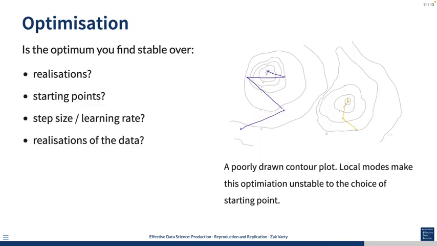The second sticking point that often causes challenges when making reproducible and replicable data science projects is optimization. If an optimization routine is used for parameter estimation, then we have to ensure that the results that they find for a particular set of data are reproducible given that optimization configuration.